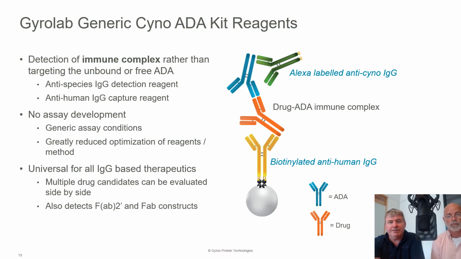Yeah, as has already been stated, we don't need assay development, so you can use generic assay conditions, and it really does help get an assay up and running and operational very quickly. The actual reagents will bind a full IgG, but also will bind Fab and Fab2 fragments. So this gives you a lot more flexibility depending on the molecule that you're developing.